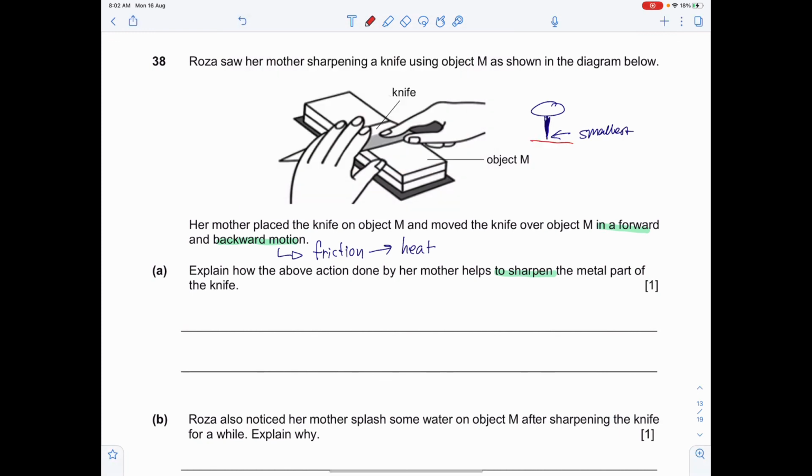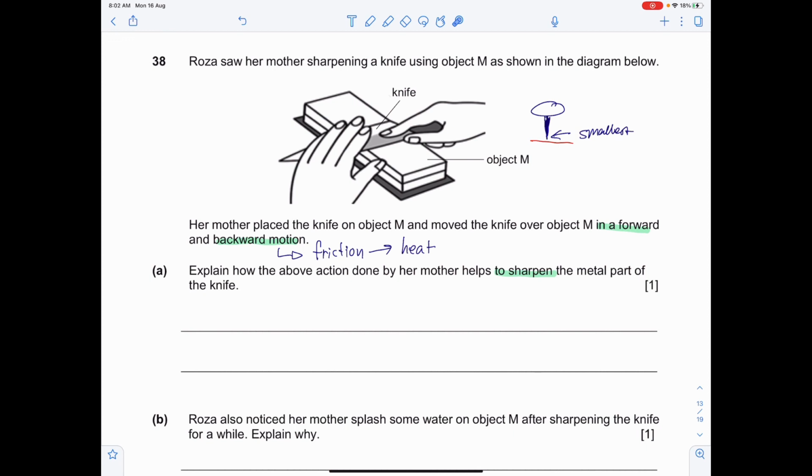So the reason is, the smaller the surface area in contact, the greater the pressure. Because all the mass or all the weight of this thing is acting on one small narrow point. So that makes it sharp.